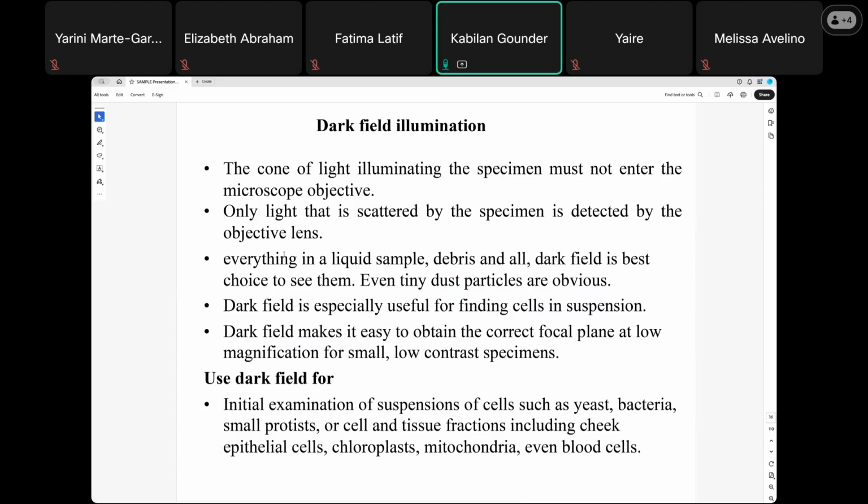Also, for everything in a liquid sample, debris, dark field is the best choice to see them. The dark field illumination is especially useful for finding cells in suspensions. Dark field makes it easy to obtain the correct focal plane at low magnification for small, low contrast specimens.